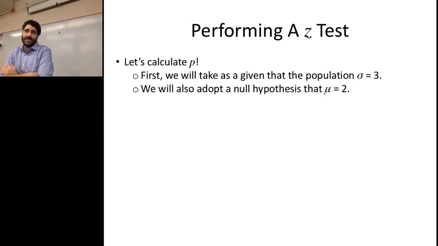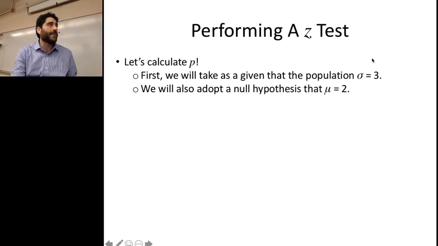Very often it'll be 0, right? That our null is that there's no difference between groups or something like that. It might be something like a base rate in the general population. So this part is fine. Having to make an assumption about the standard deviation of the null population is a weird thing that we don't want to do, and we'll figure out how not to do that on Tuesday. But this overall is not that weird of a thing to do.